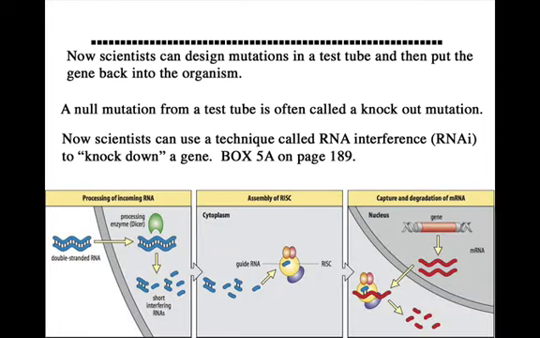In your assigned reading, there's a box that describes RNAi in the book, and the figure shows the natural gene regulatory mechanism that is used to repress expression of target genes.